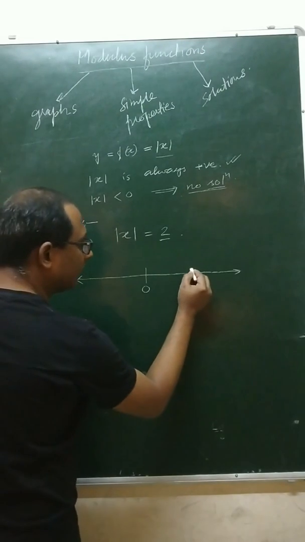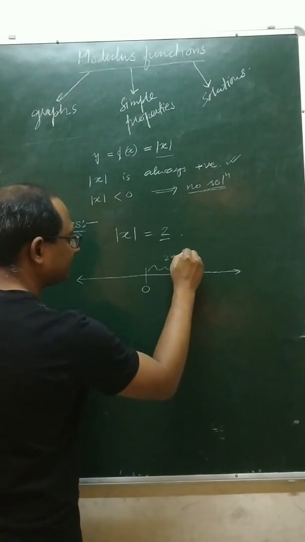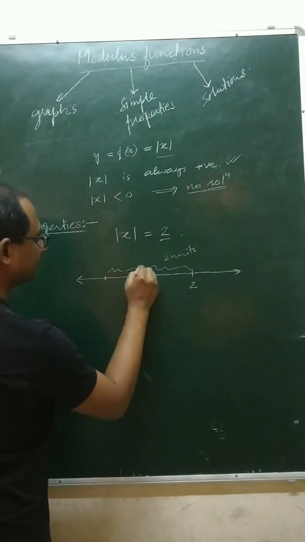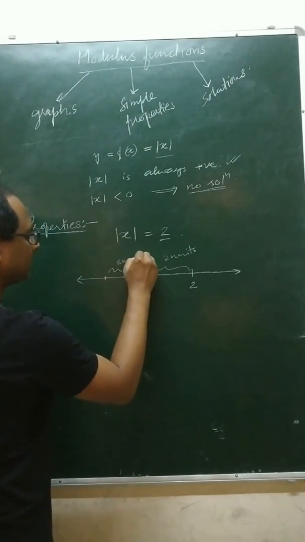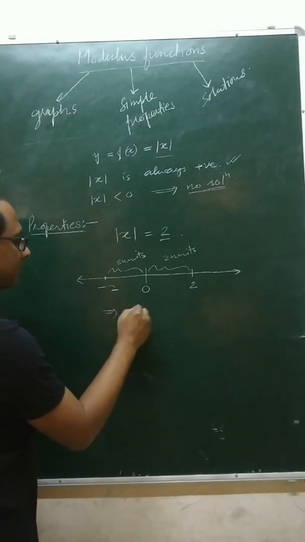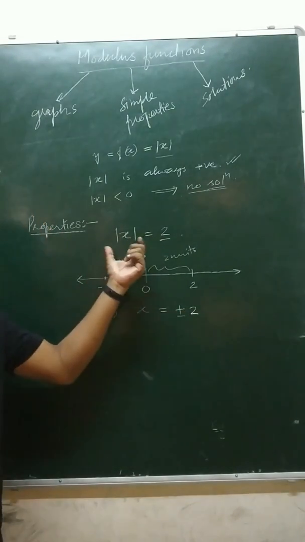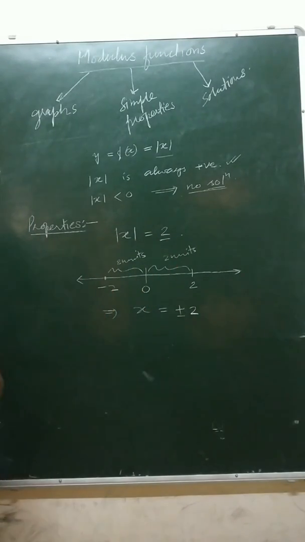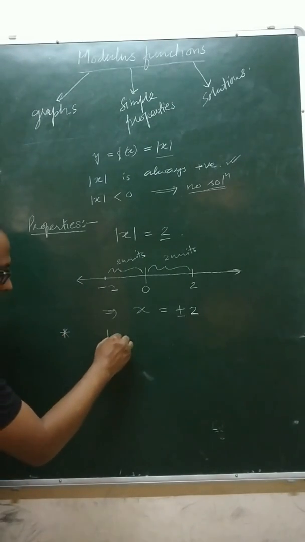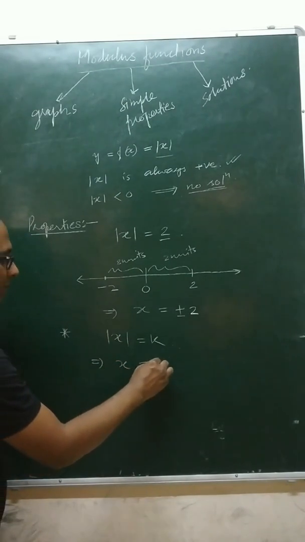Obviously we know that there are 2 points at a distance 2 units on either side of 0, and they are 2 and minus 2. So modulus of x equal to 2 implies x will be equal to plus and minus 2. Okay, this is what it actually means. Modulus of x equal to 2 means this. So in general, the first property is coming up: if modulus of x equal to k for any real number k, then we get x equal to plus minus k.